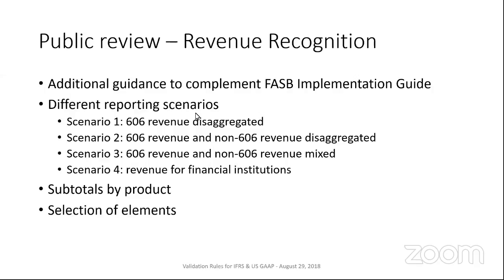We have this element, revenue from contract with customers, which is the main element which folks are using. But there's been a need for people who wanted to have an element for revenue not from contract with customer. So we've suggested an extension element that should be used for that. The FASB will be adding that element to the 2019 taxonomy because they've had a lot of requests for it.